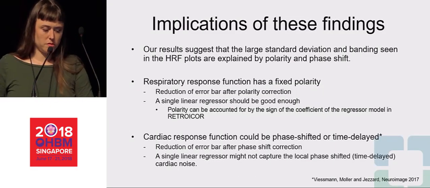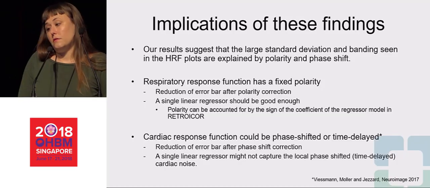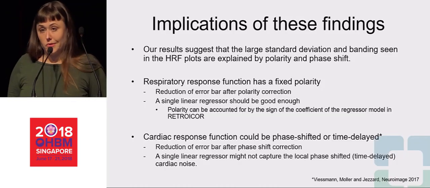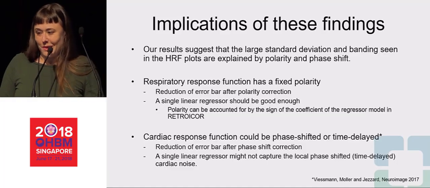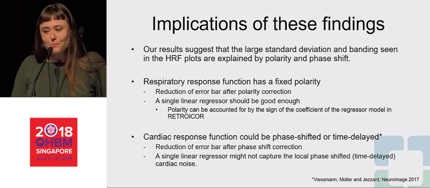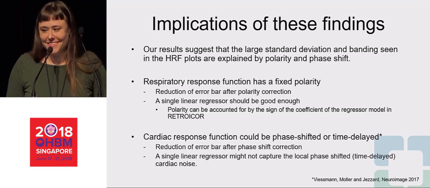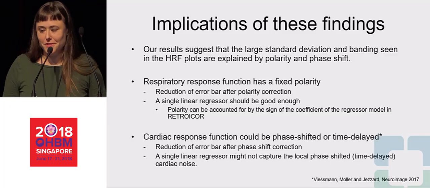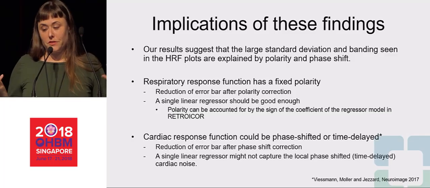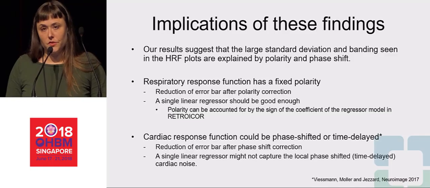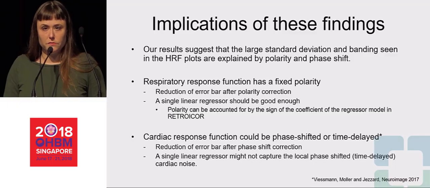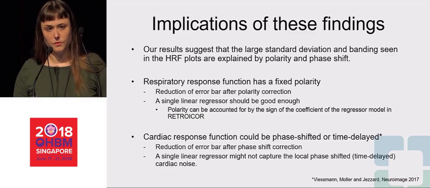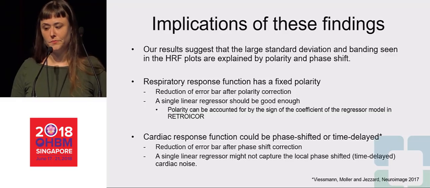So what does this all mean? These suggest that the large standard deviation and banding are explained by the polarity and phase shifts. We saw this reduction in standard deviation with the polarity correction in the respiratory response, and that implies that a single linear regressor should be good enough, and you can just account for polarity with the sign of the coefficient of the regressor model.